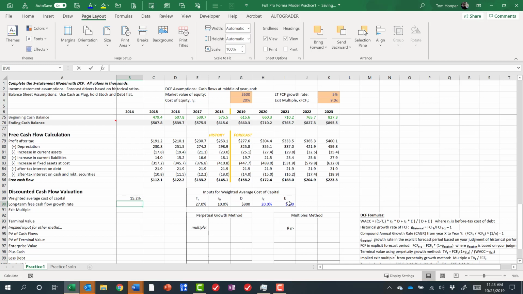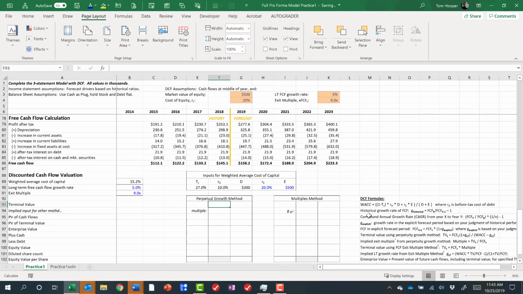We're also given an assumption for long-term free cash flow growth rate, and we're given an exit multiple for free cash flow. In practice, it's probably more common to use an earnings multiple, but we're going to do it off free cash flow. It certainly gets the concept across more easily. And then we'll go through our terminal value calculations just like we did on quiz 4.